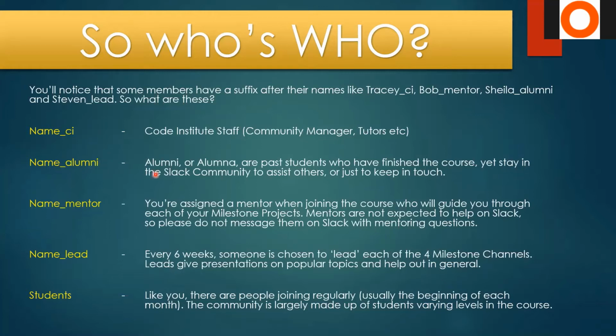The alumni or alumna suffix, you will see quite often. Those are students or ex-students that have now finished the course and stay on Slack to keep that social element going, and also to help out current students too.